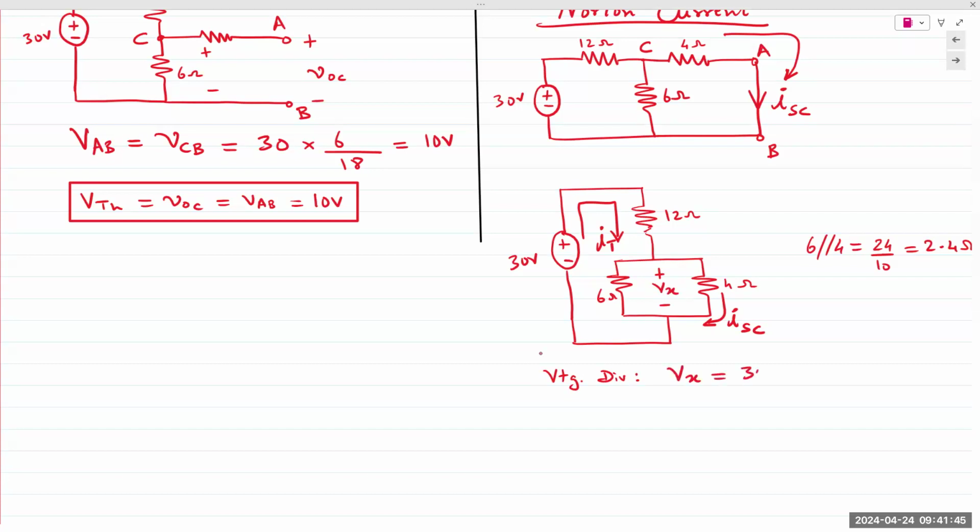Vx is equal to 30 times 2.4 divided by 14.4. And that gives me 5 volts. 1.25.